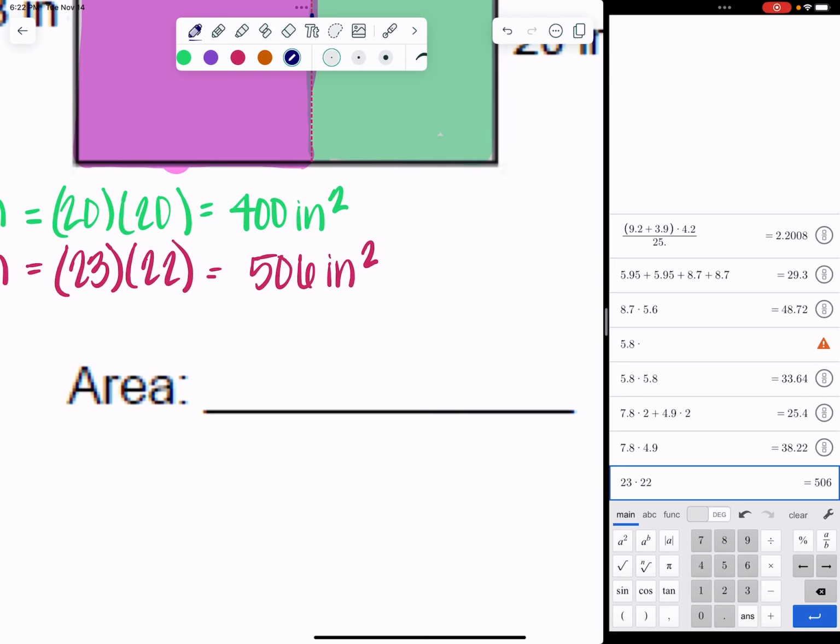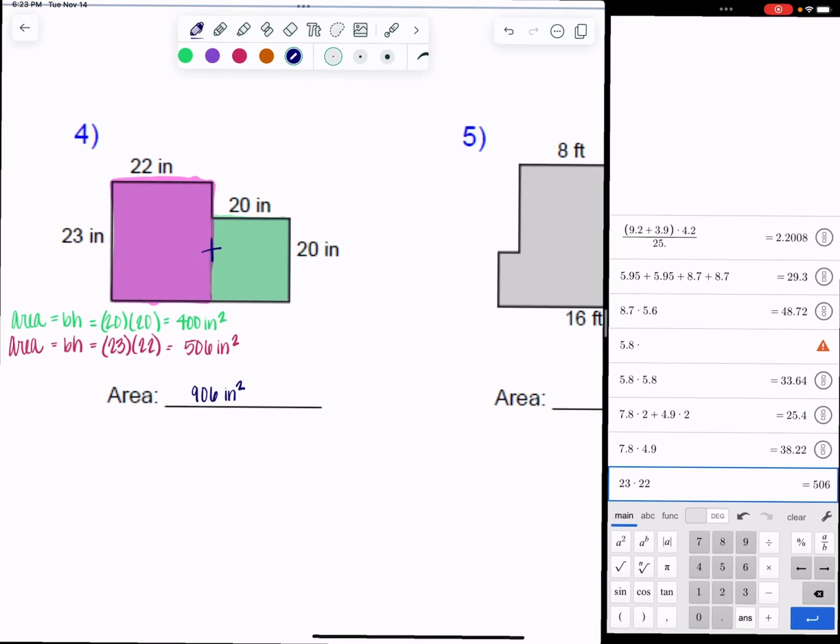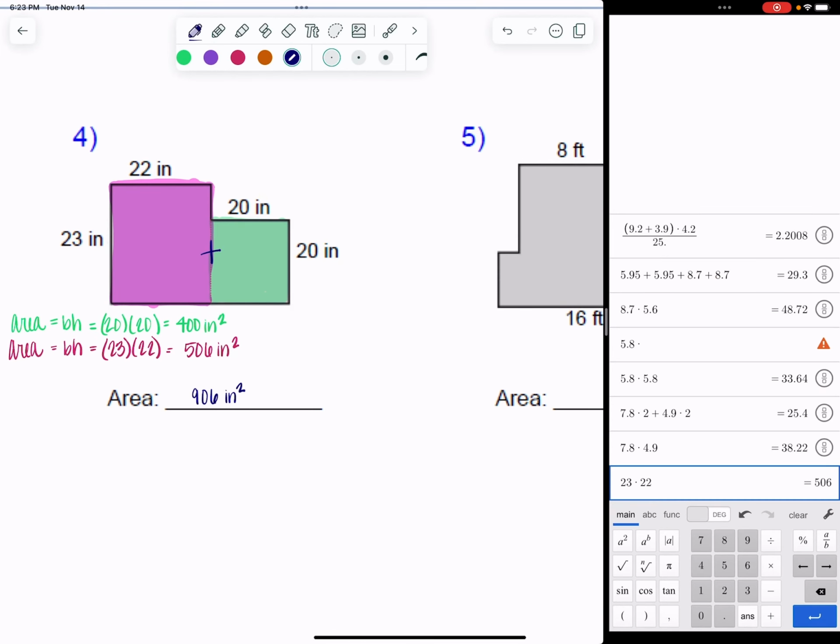So 400 square inches plus 506 square inches is 906 square inches. Oh, sorry. So cut these up into shapes that you have a formula for, and life gets a whole lot easier.